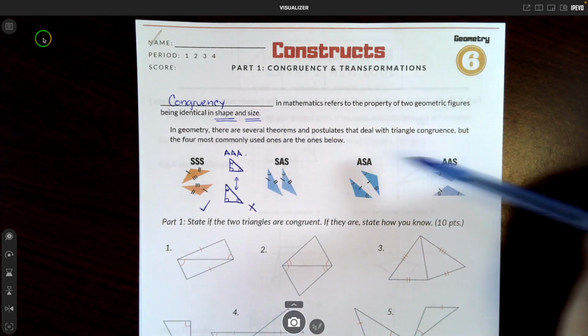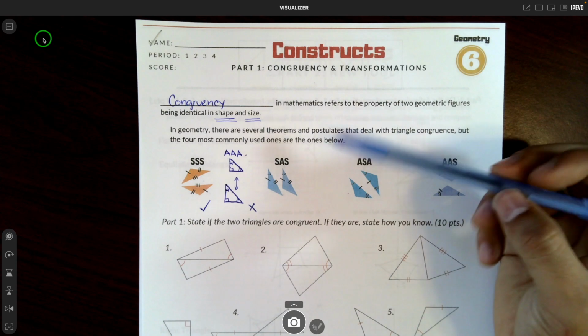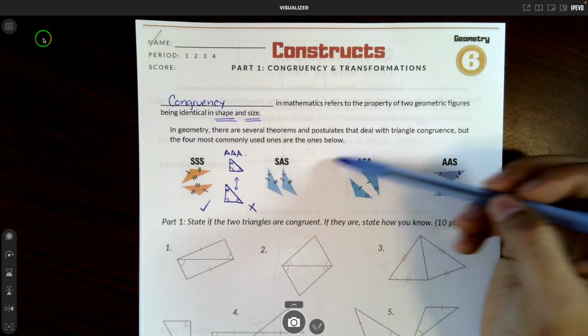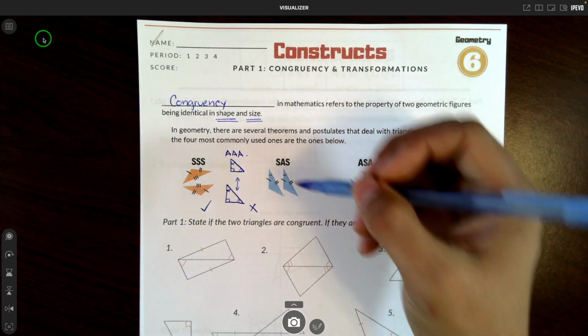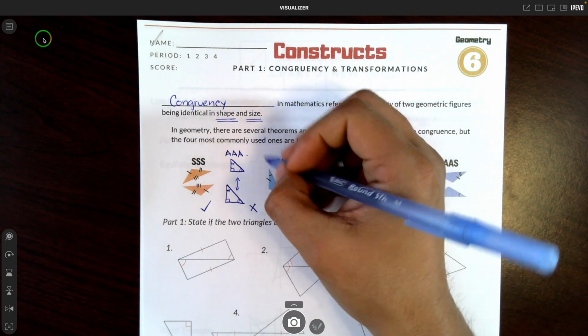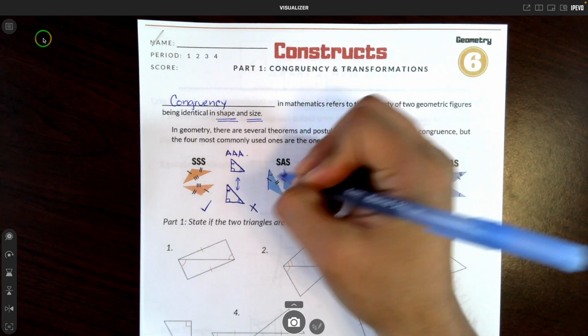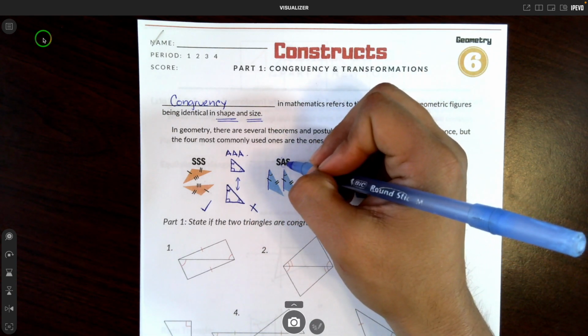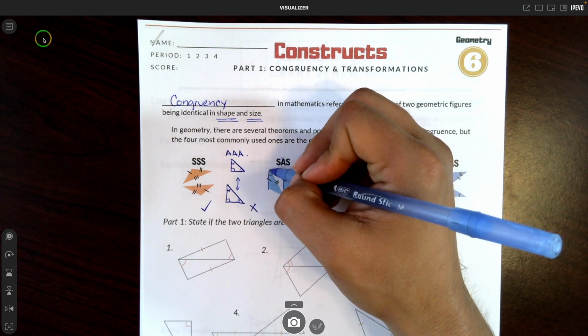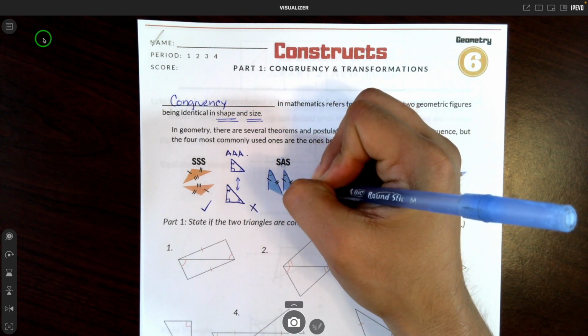These four are the only ones that work. Okay, and I'm going to talk about two other ones, and I'm going to put them right here in the middle. But anytime you have a side, so here's one side, and we know that's congruent to that side. And then we have an angle in the middle of two other sides. So here's another side, and here's another side.